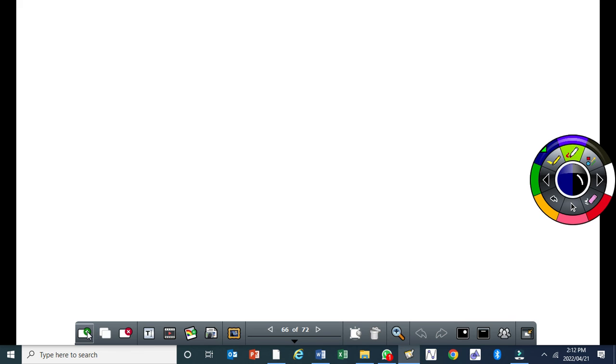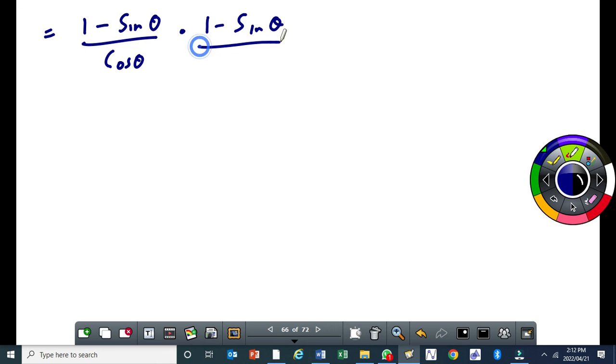So I can split this up and write it as 1 minus sine theta over cos theta times another 1 minus sine theta over cos theta. You have to know your algebra there. If you want, you can put brackets there, but I'll just put a multiplication sign.